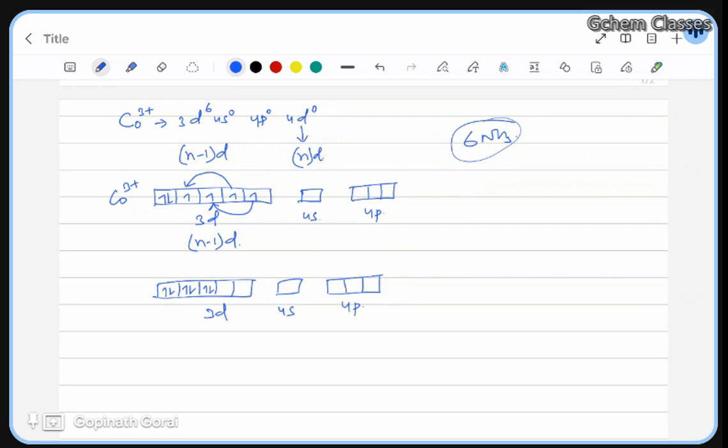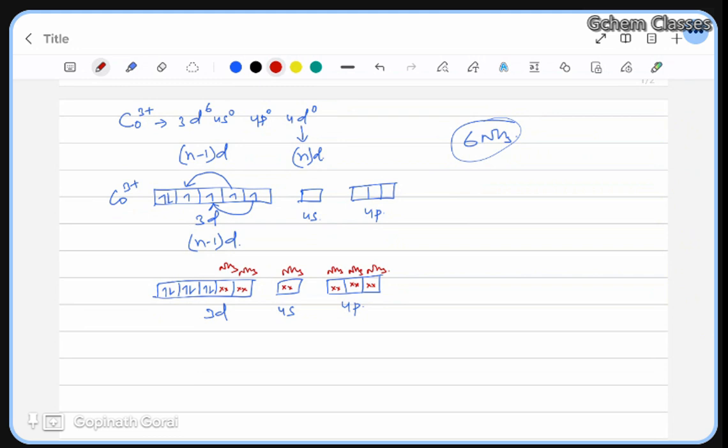This will donate its electron pair. One pair will be over here, second over here, third, fourth, fifth, and sixth over here. So 6 ammonia done, right? NH3, NH3, NH3, NH3, NH3, and NH3.